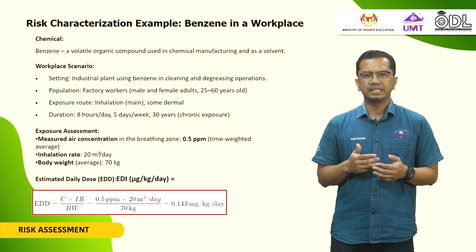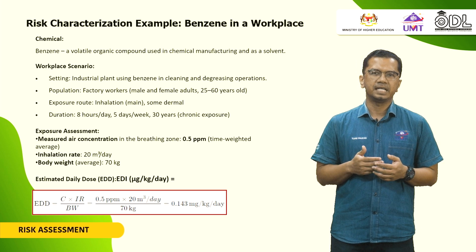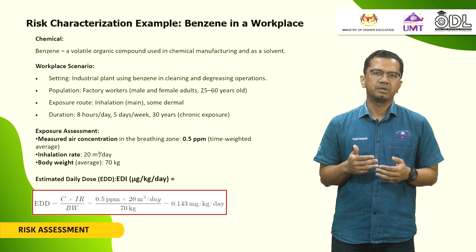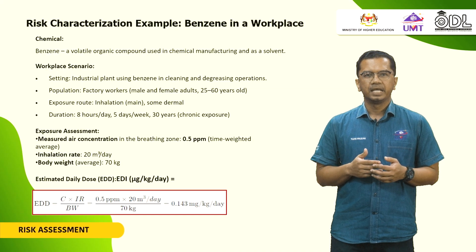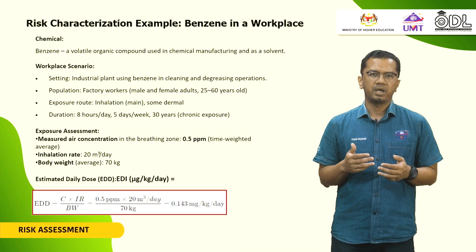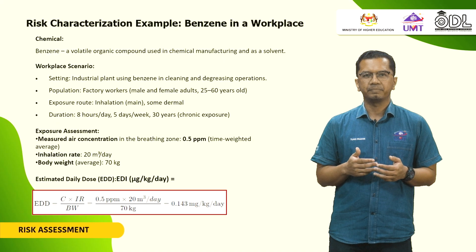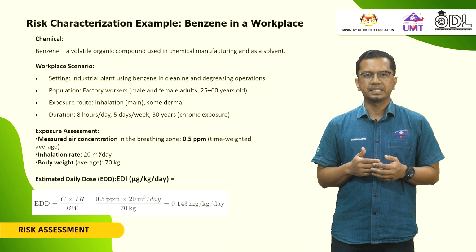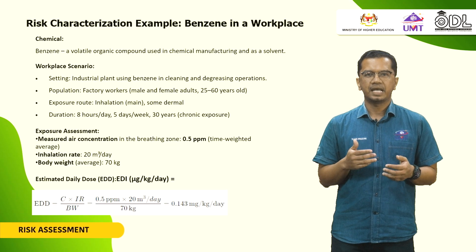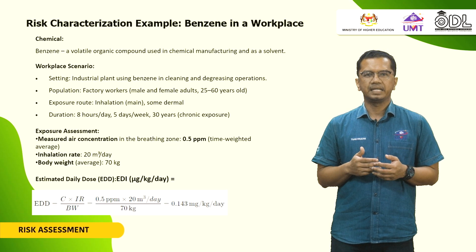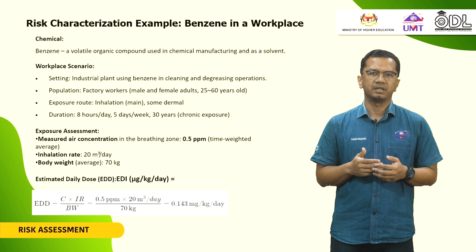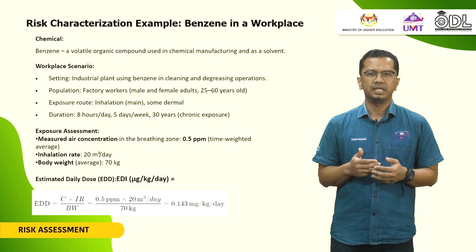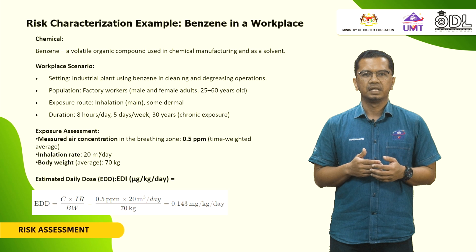So the estimated daily dose for these workers is 0.143 milligrams of benzene per kilogram of body weight per day. We have our result, 0.143 milligram per kilogram per day. But what does this number mean? Is it safe? On the next slides, we will compare this dose to a known safe level or reference dose to calculate the hazard quotient and finally characterize the risks.